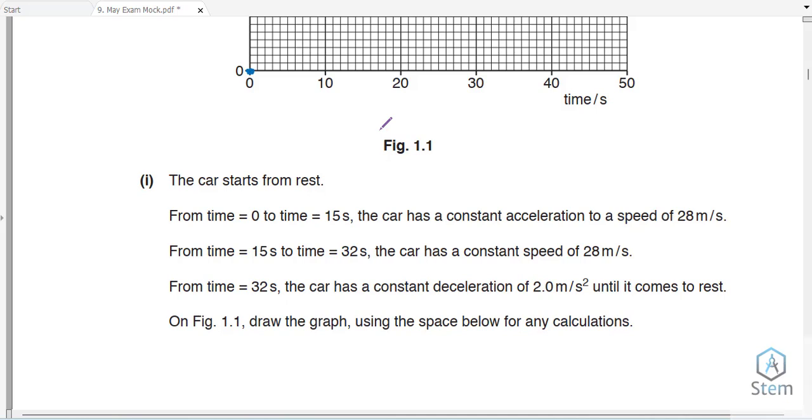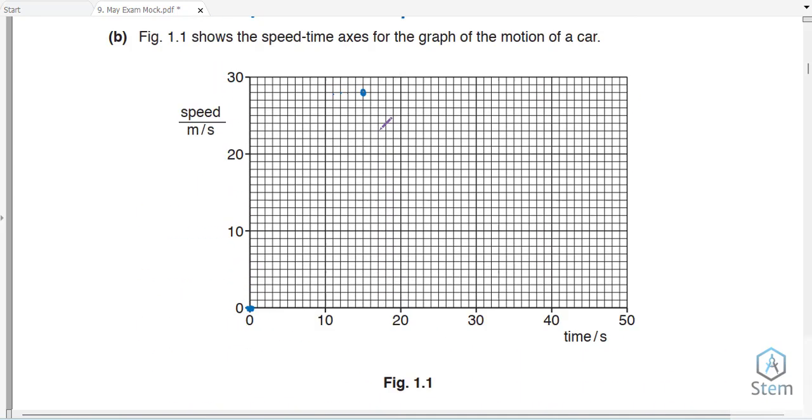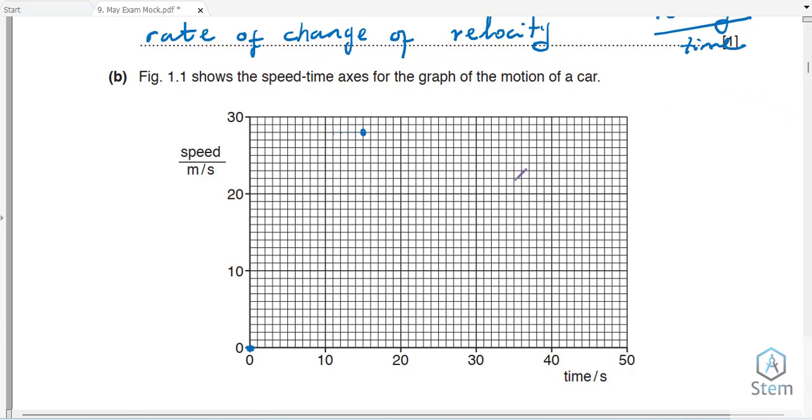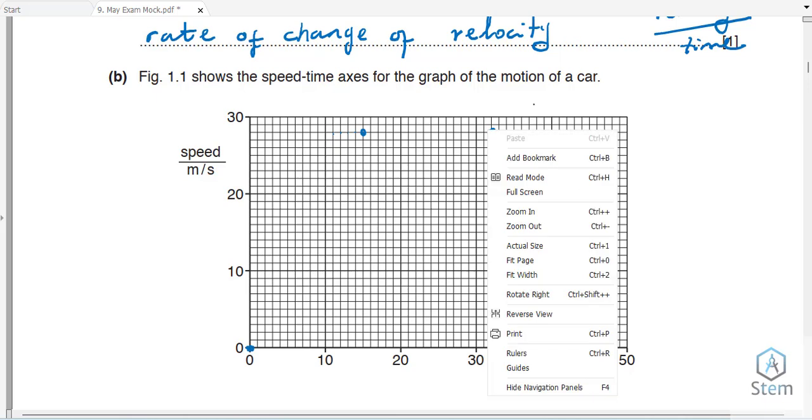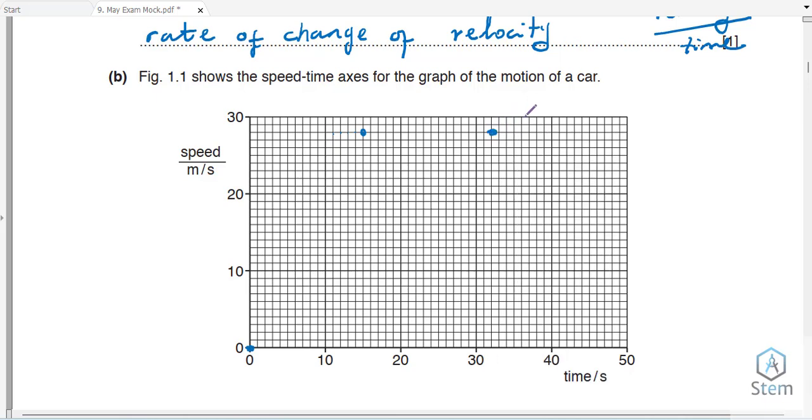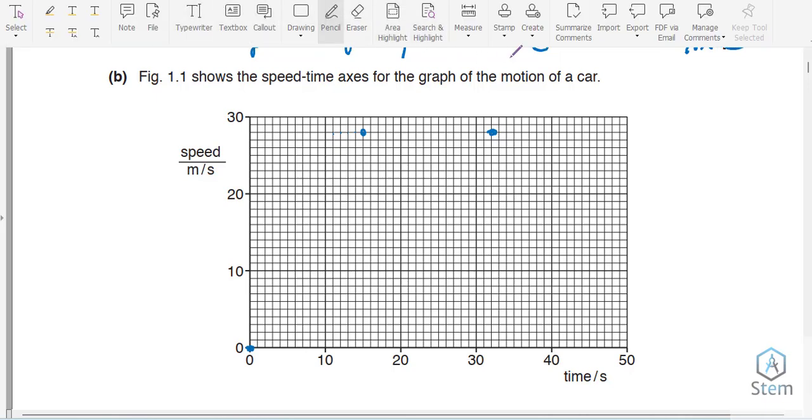The second stage, from 15 seconds to 32 seconds, the car maintains a speed of 28 meters per second. So the car keeps 28 right up to that stage. Let's put this down on paper.